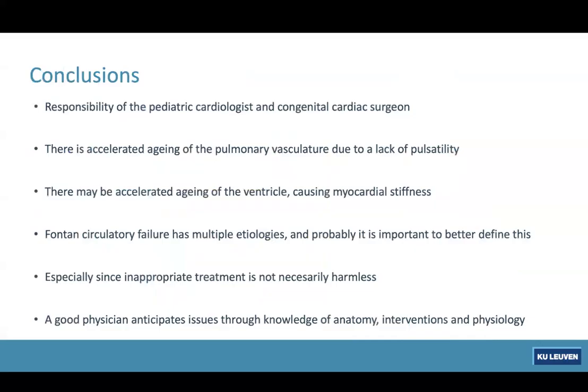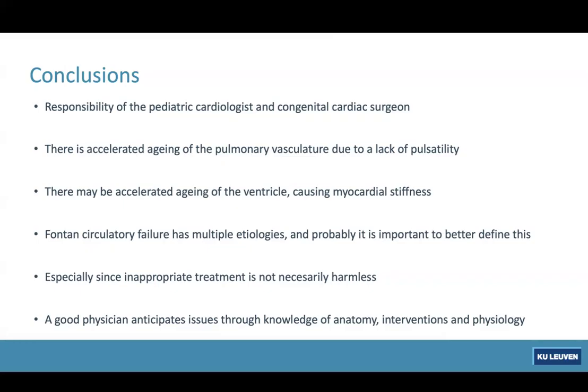So maybe just out of time to conclude, there's a responsibility of the pediatric cardiologist and congenital cardiac surgeon in constructing the best Fontan they can. You see that there's accelerated aging of the pulmonary vasculature due to a lack of pulsatility, but probably also of the ventricle, causing myocardial stiffness, if there is no AV valve regurgitation and systolic dysfunction. There are multiple etiologies to Fontan circulatory failure, and it's probably important to define that very well, especially since inappropriate treatment is not necessarily harmless.